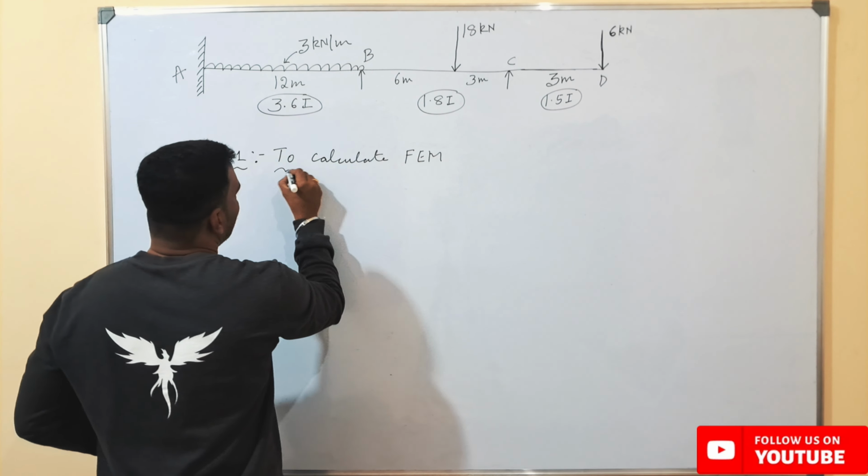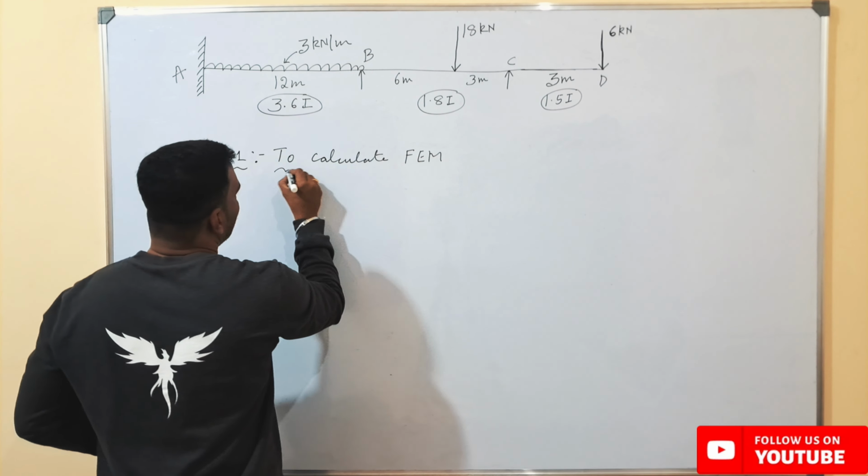To balance the moment about this point, we need to consider an additional moment. Here the fixed end moment we have got is plus 24. If I want to balance the moment, I will consider an additional moment, that is minus 6, which will be equal to plus 18 kilonewton meters.